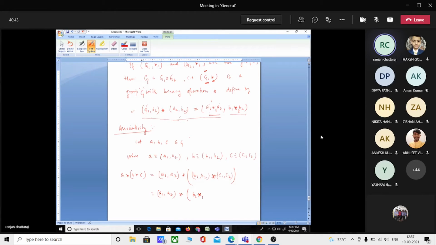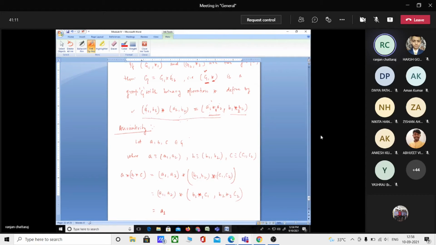Let star 2 be the operation on G2, which is also a group, and these are elements of G2. I am using star 1 and star 2 over here, with E as the identity. Now again you apply this over this. So how much are you getting?